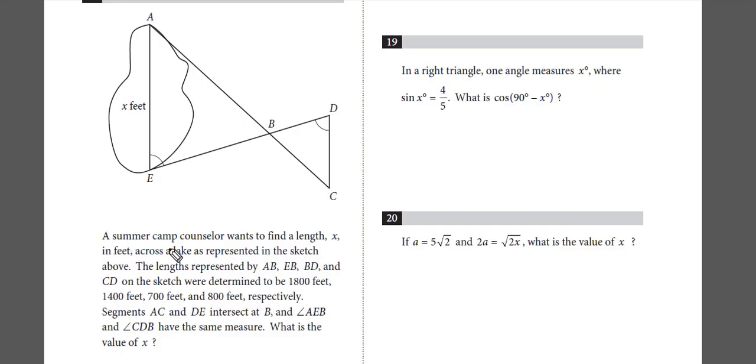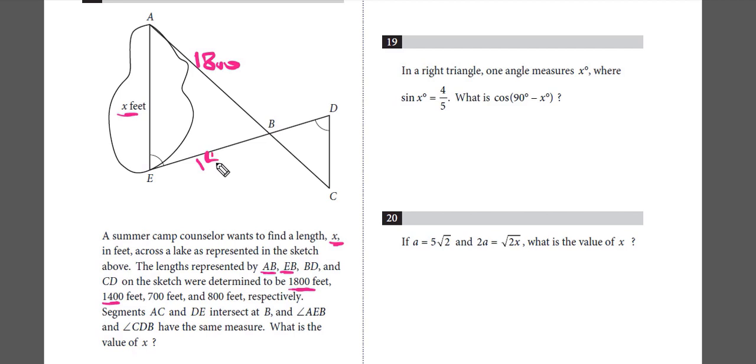Okay, a surveyor wants to find a length x in feet, here this side AE, across a river at A, as represented in the sketch above. The length AD is 1800, and AB is 1400.